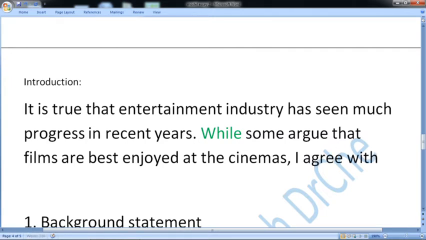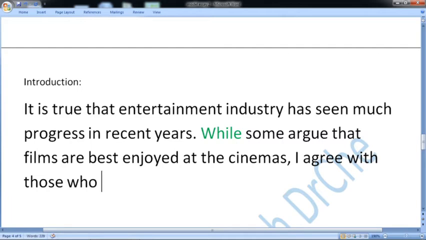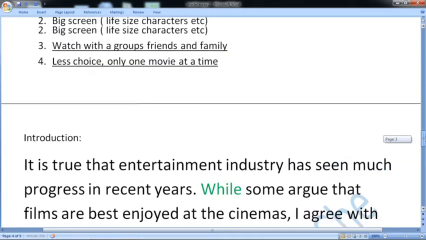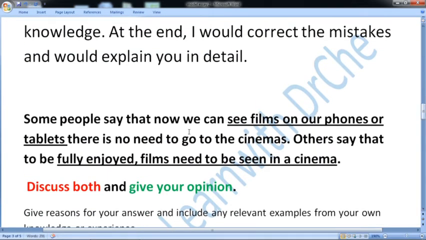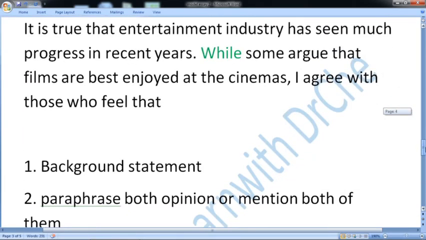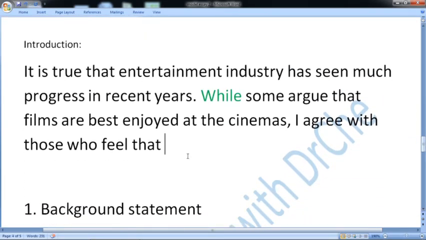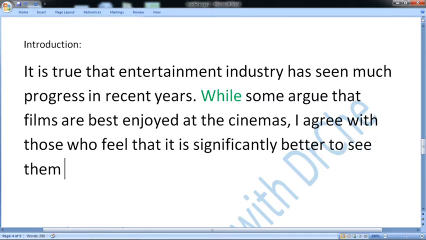I agree with those who believe, instead of "who say that", here is also "say", so I would change it to "who believe". I agree with those who feel that, who believe that, or who feel that it is significantly better to see them on modern gadgets.